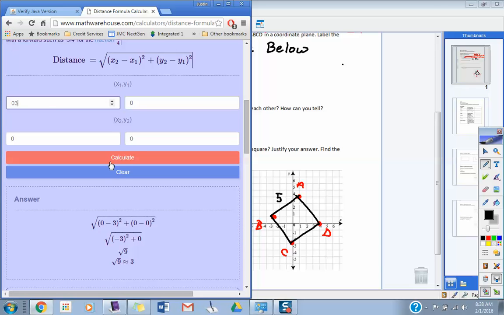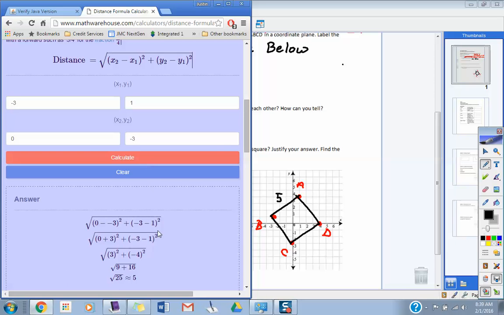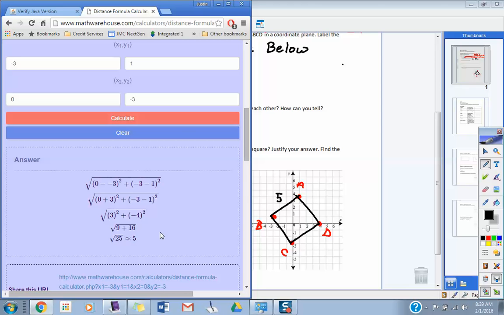Yeah, I don't like this. It doesn't take negative very well, does it? Negative 3 comma 1 and 0. What do you guys get for that distance?